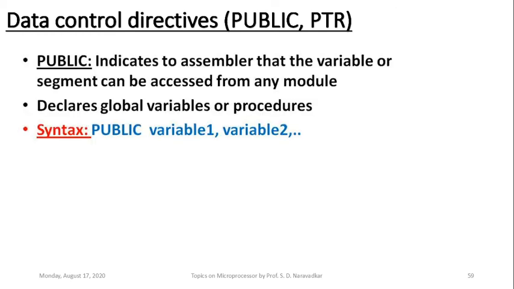Then the next is the data control directives. This is the last type of assembler directives here: PUBLIC and PTR. These are the data control directives which I am going to explain here. Now first of all, PUBLIC. It indicates to the assembler that the variable or the segment can be accessed from any module.